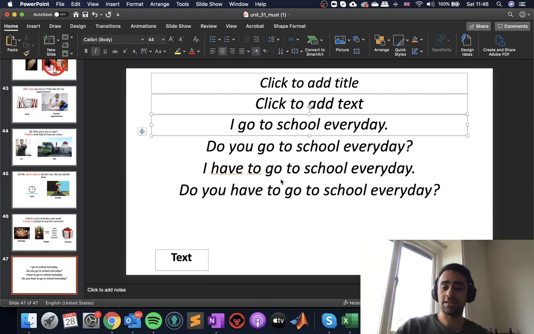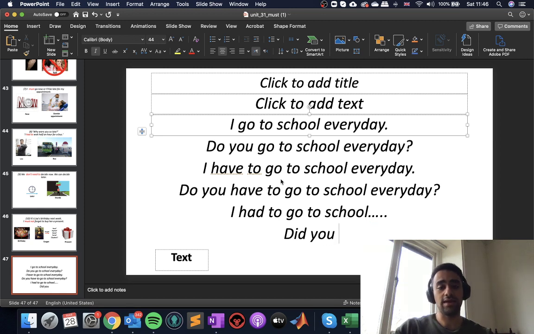If the sentence was in the past, I had to go to school, then the question would be, did you have to go to school? Our verb here is have. It becomes an infinitive because we already used did and do here.